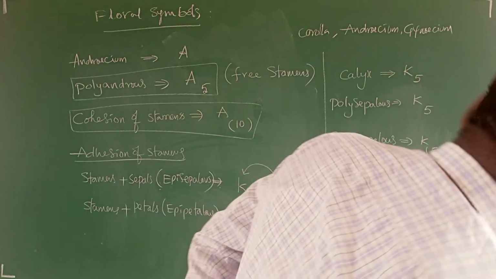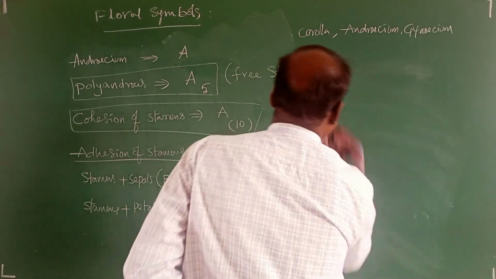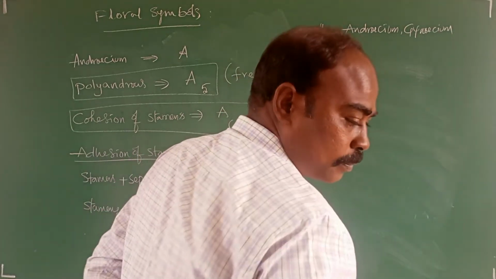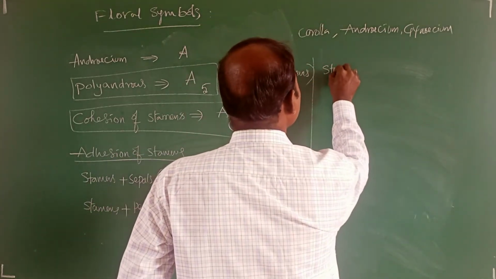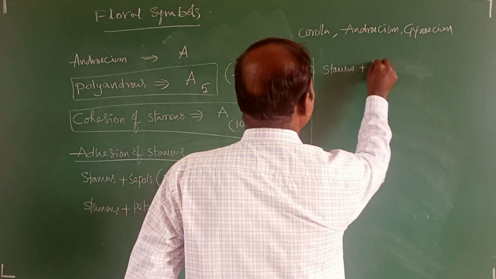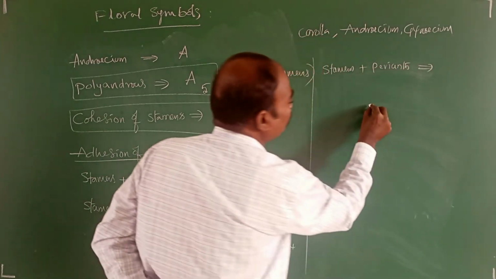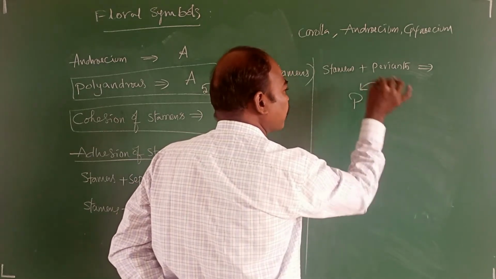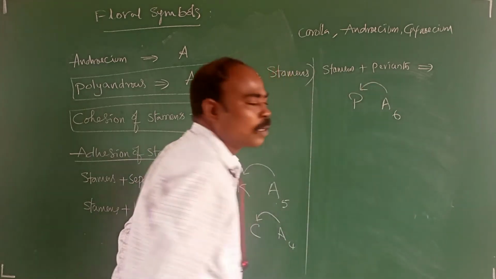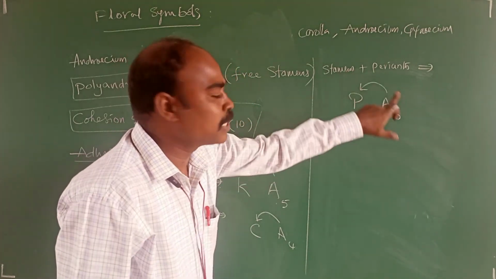Then stamens attached with the perianth. Perianth means P, so the androecium attached with perianth is shown as A to P. What is the condition?